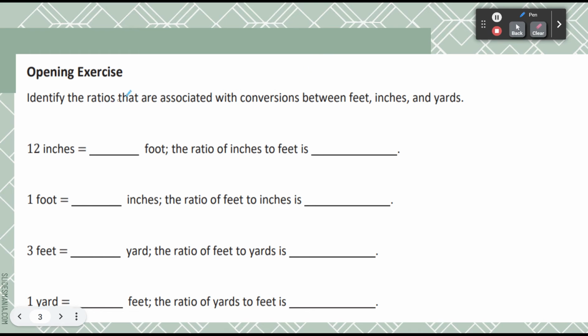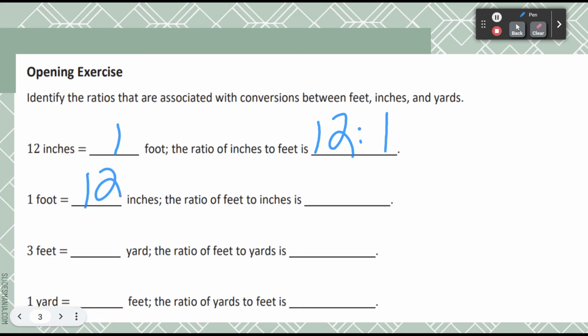So the first one, we know that 12 inches equals 1 foot. The ratio of inches to feet is 12 to 1. Make sure you copy that down in your notes. We also know that 1 foot equals 12 inches.